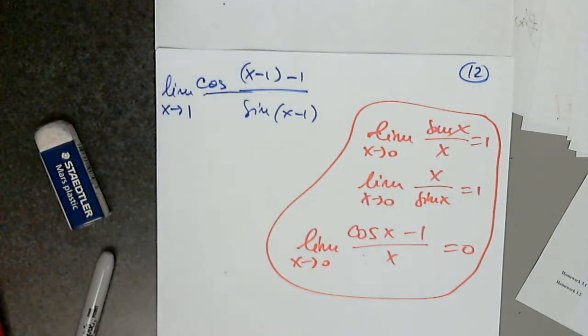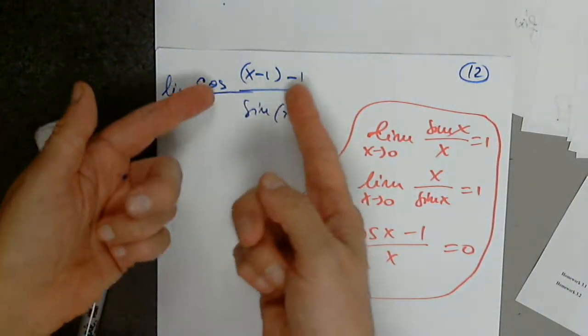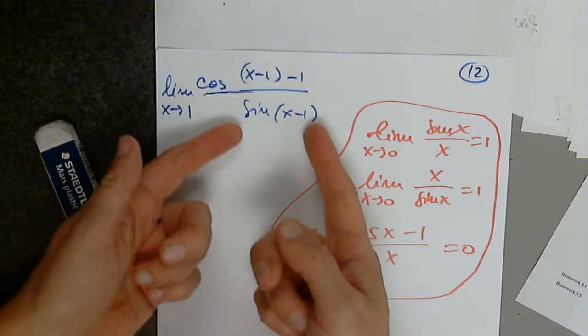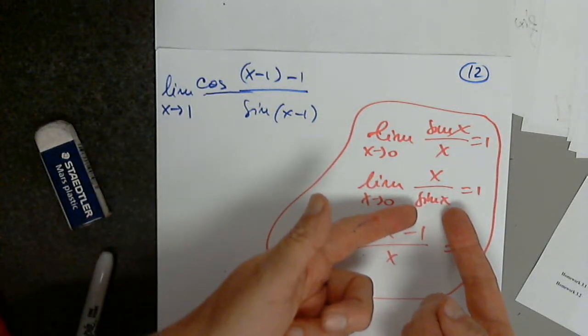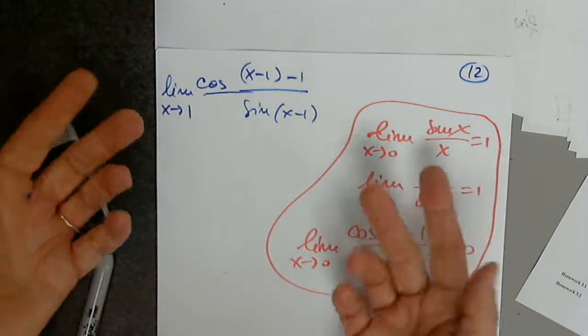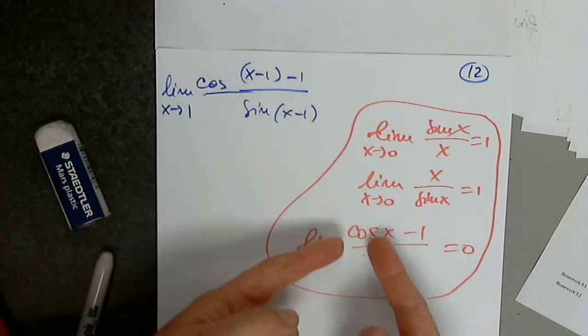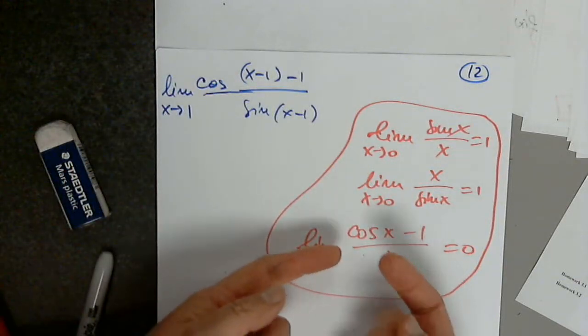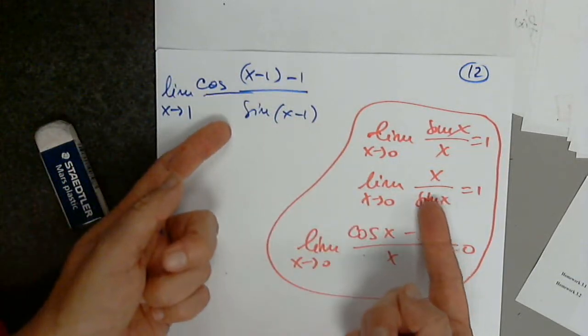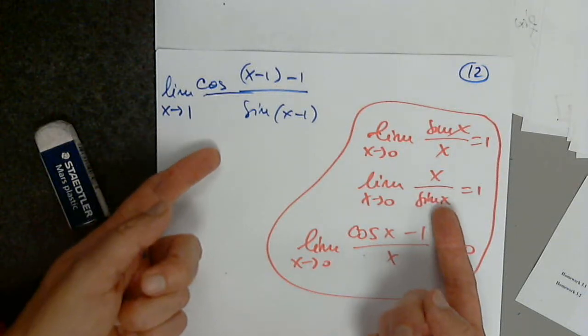So I'm looking at this limit and I say, okay, it's part of this and some part of this, right? This piece appears to be coming from here, and this piece appears to be coming from the denominator of this.